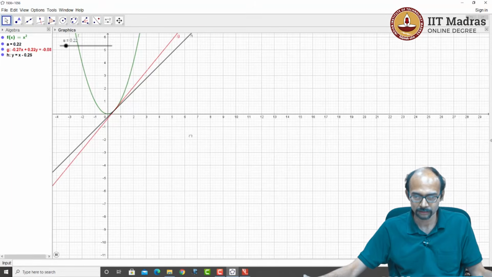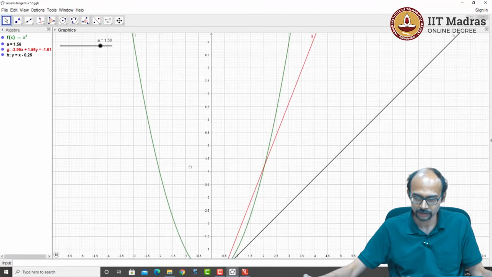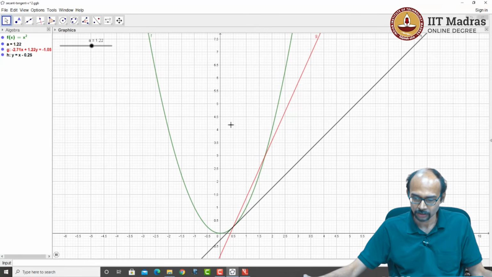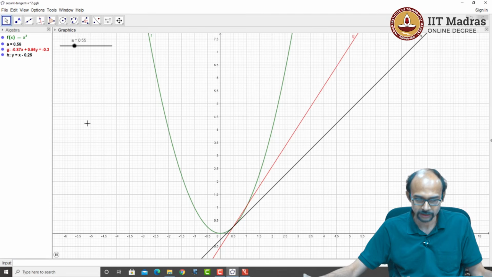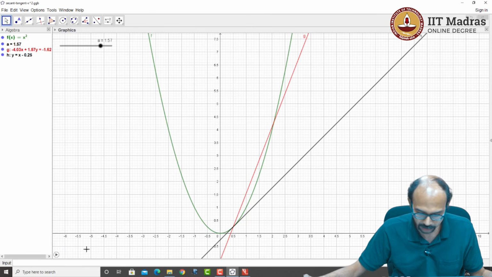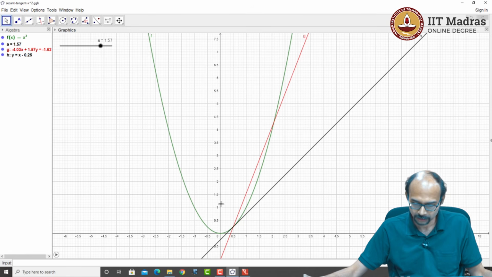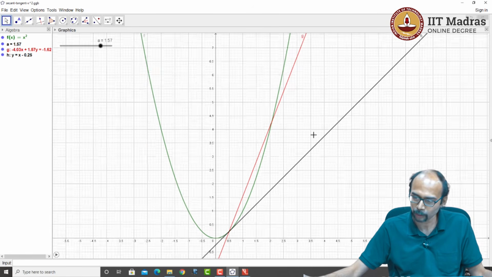So here is the graph of x squared. Once again we have these points. This time I have not plotted the points. Let me stop this. Okay, so this is at 0.5, so we are looking at the tangent at 0.5.